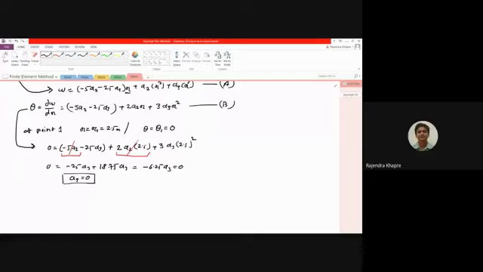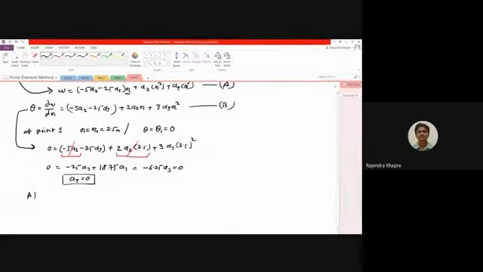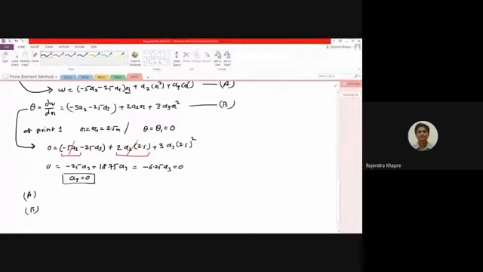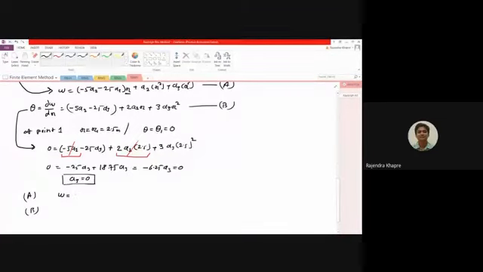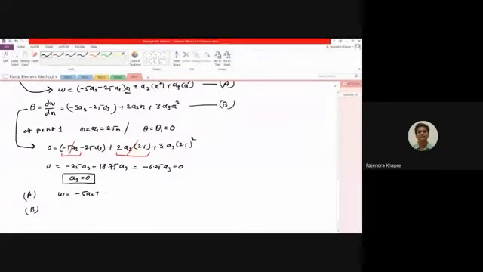So now since the value of A3 is 0, what you can do is rewrite expression A, which is for deformation, and expression B, which is for the rotation. So if you rewrite this expression, your W now can be written as minus 5 times A2 plus 25 times A3. Since A3 is 0, this term will not come into picture.